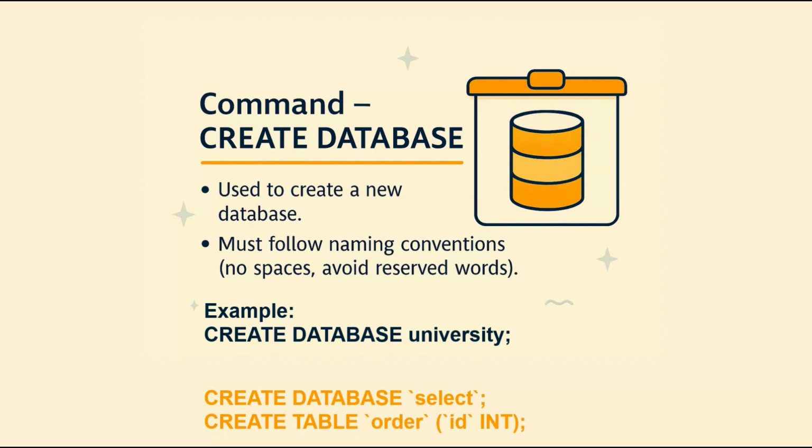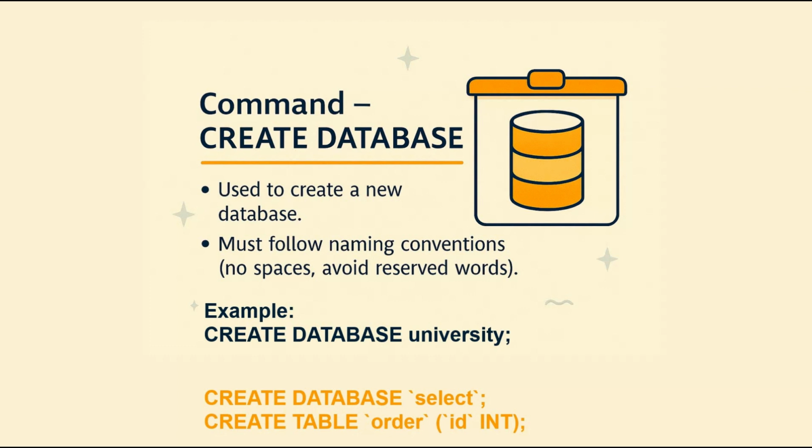Okay, but how should you name your database? Here are a few naming rules and best practices you should follow. Don't add spaces between names. For example, here you cannot write university space name of one university. Okay.